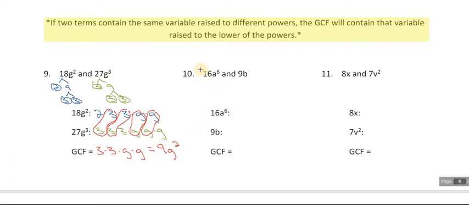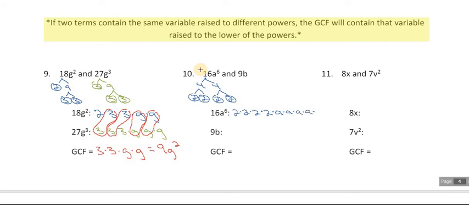Number 10, looking at 16a to the 6th. 16 is 4 times 4, and each of those 4's breaks down to 2 times 2. Got to go fully prime factorization. Safest way to go about it. So we have 4 2's multiplying, and then we've got 6 a's.